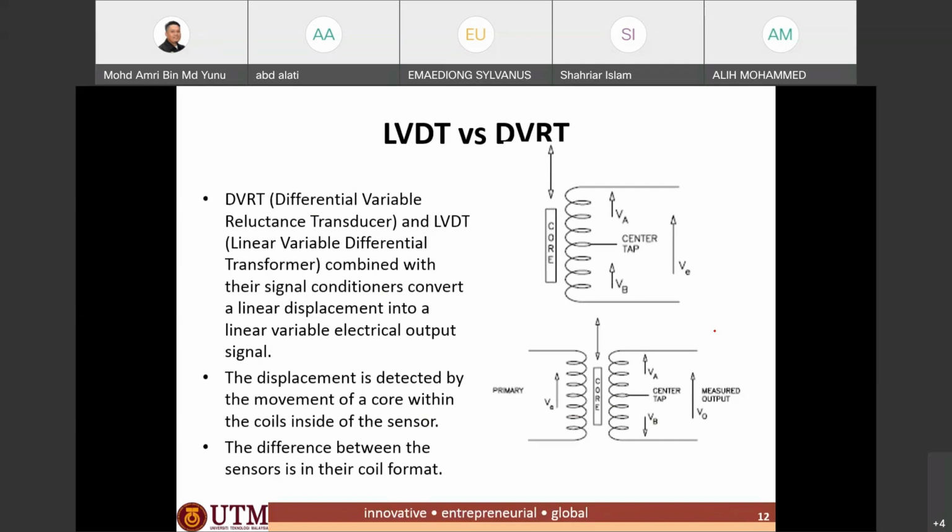The displacement in LVDT and DVRT is detected by the movement of a core within the coil inside the sensor. The difference between the sensors is in the coil format. As you can see on the right here, DVRT uses a center tap transformer. That's the only difference between the LVDT and DVRT.